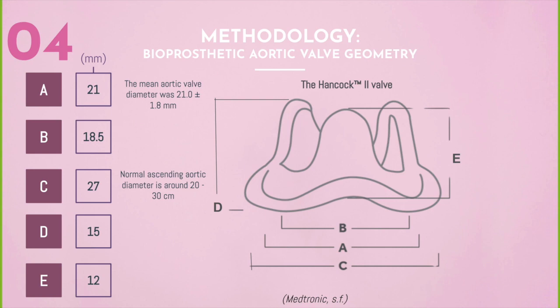We are going to analyze it in the aortic pathway. The different measures that we have, for example, in section C, the final distance is going to be 27 millimeters.